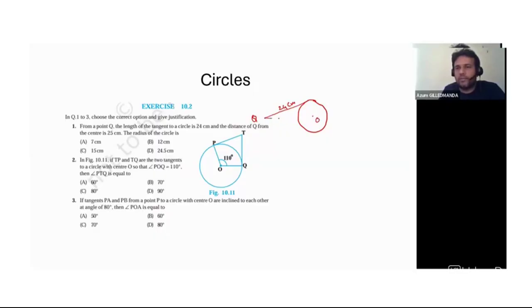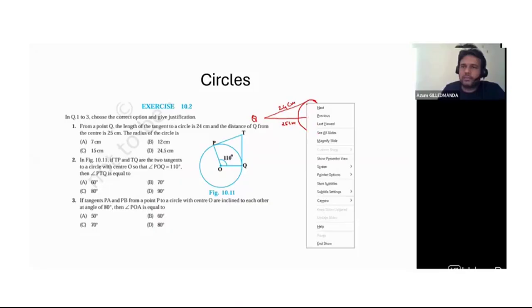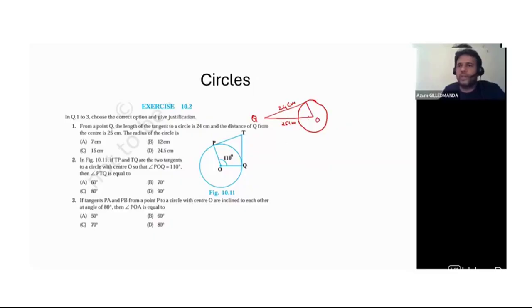this distance is given. That distance is 25 centimeters. Now, we're asked to find the radius. So this is the radius, R. Let's say this is point P. We know that the radius makes an angle of 90 degrees with the tangent.